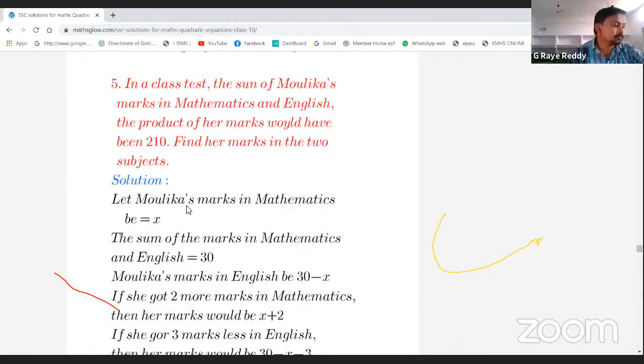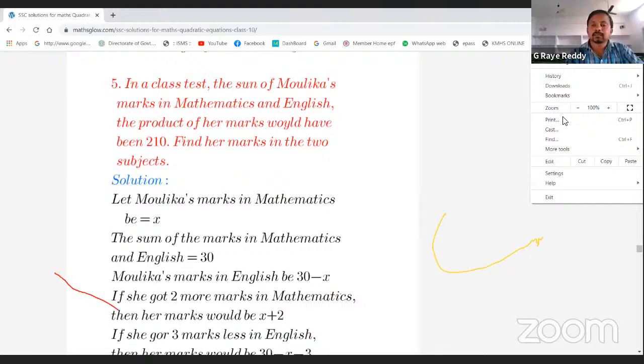If you get any doubt, you can ask me. I will send you this website. I'm sending now, sharing this.